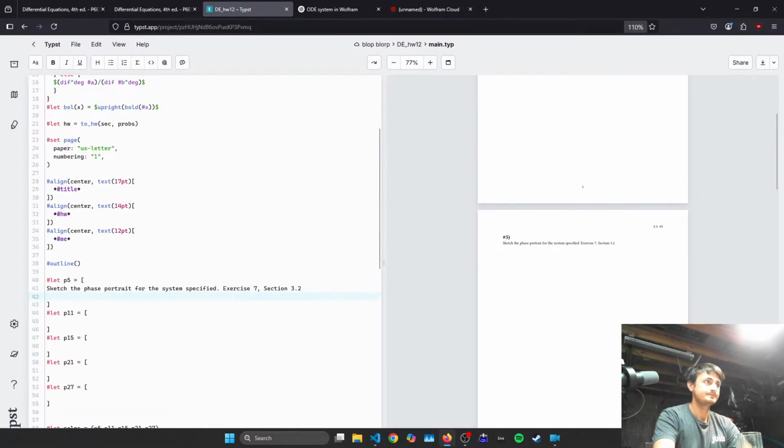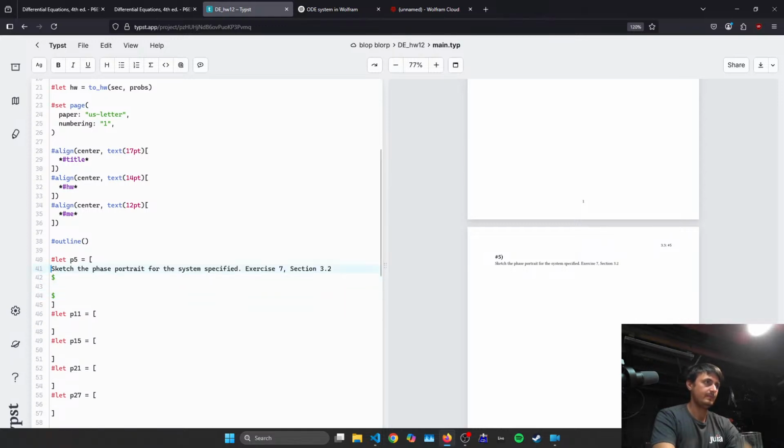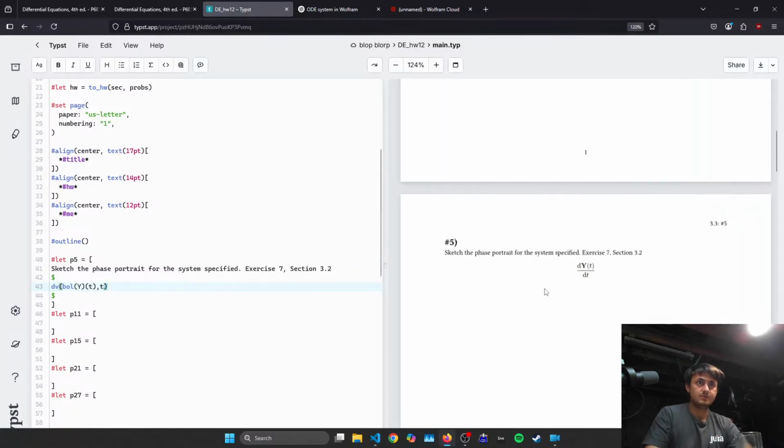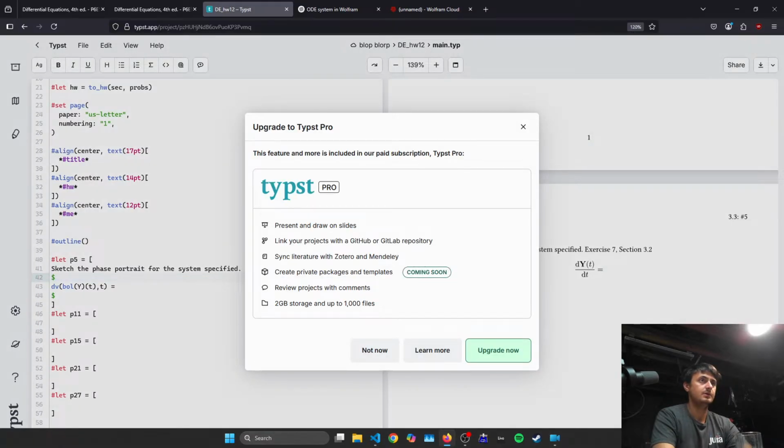Okay. But that's okay. So what is it? It's bold v, bold y of t. Can we zoom this in? Okay, is equal to, and then what we want to do, this feature. What feature do they think I'm trying to get?